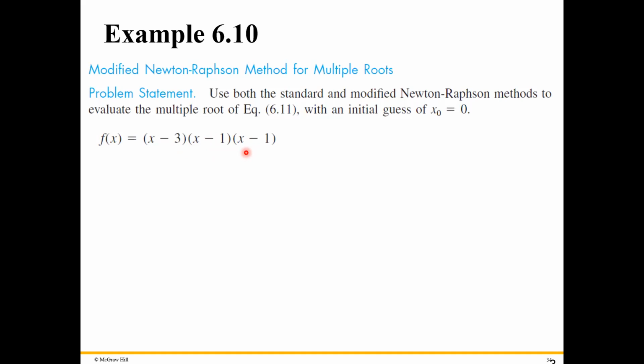So later on, this knowledge will help us to determine the multiple roots. Usually we will have the function in this form, x cubed minus 5x squared plus 7x minus 3, and normally we cannot factorize that function.